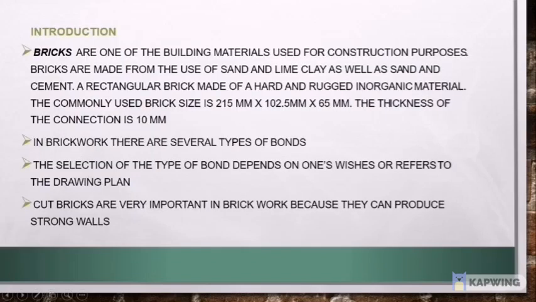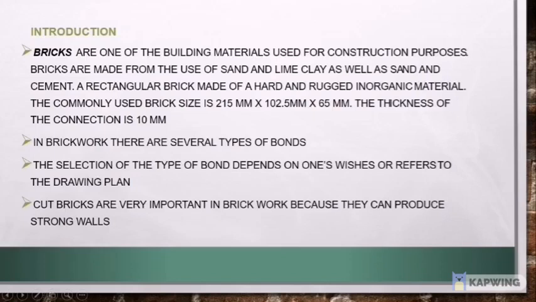Introduction of brickwork. Bricks are one of the building materials used for construction purposes. Bricks are made from sand and lime clay as well as sand and cement. A rectangular brick is made of a hard and rough inorganic material. The commonly used brick size is length 215 mm, width 102.5 mm and height 65 mm.